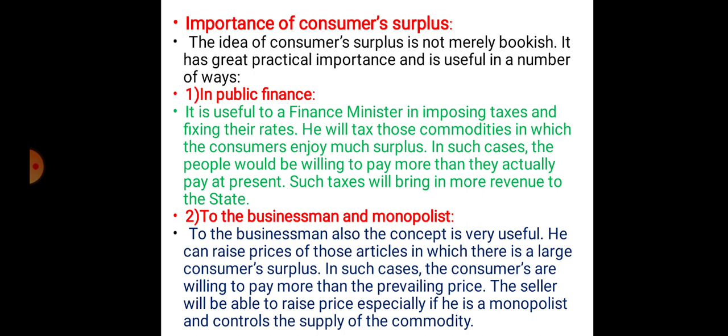What is monopoly? Monopoly means only one seller exists in the market, and that's why he controls the supply of the commodity, and due to that the price increases and the monopolist gets benefited. So they also check the consumer surplus obtained from different commodities.